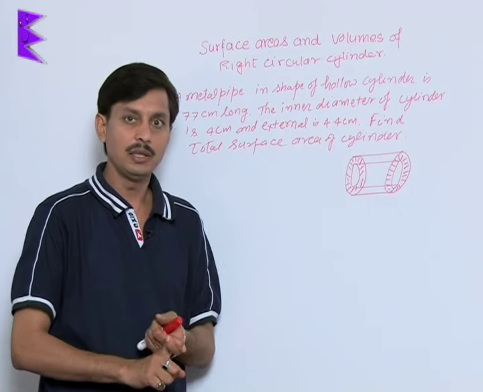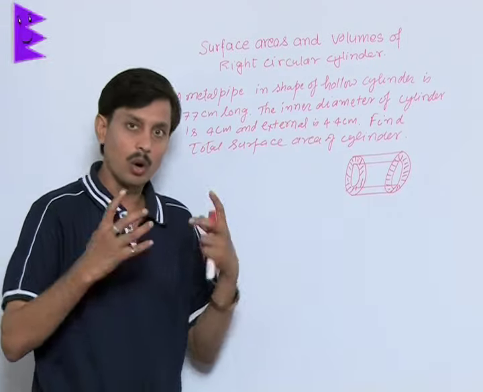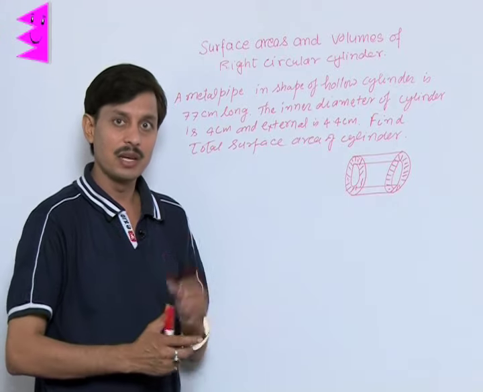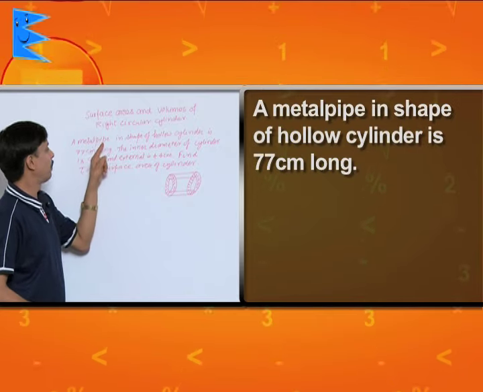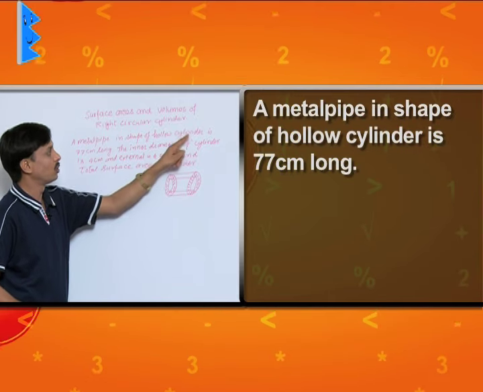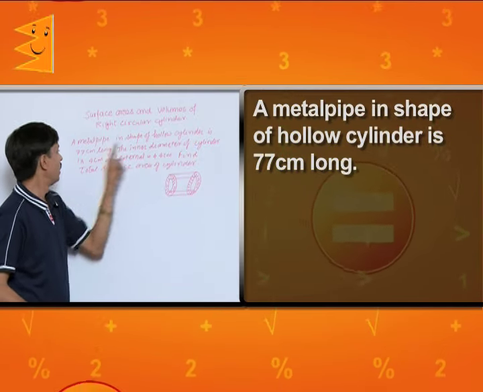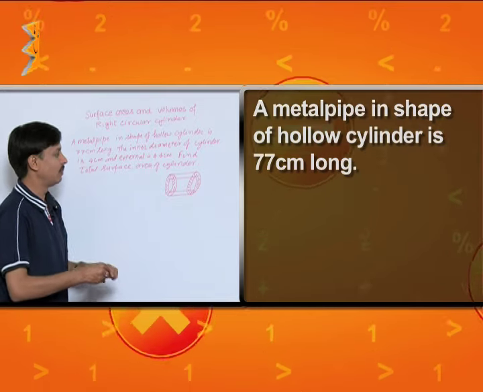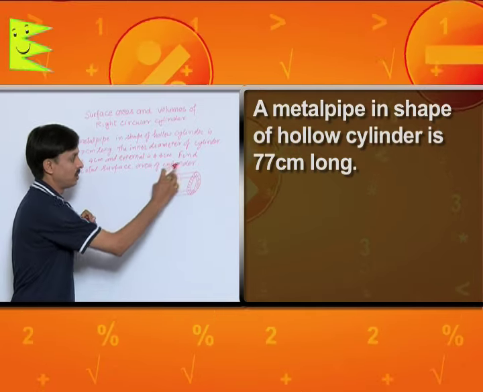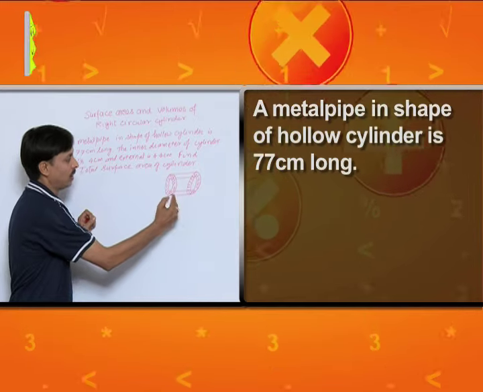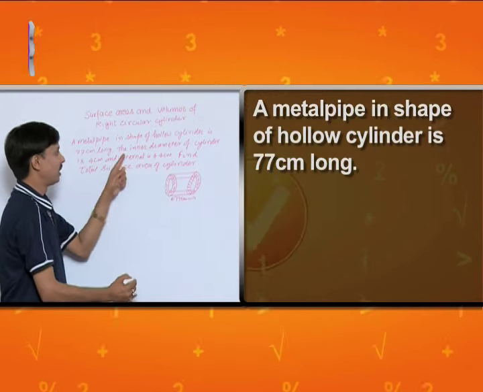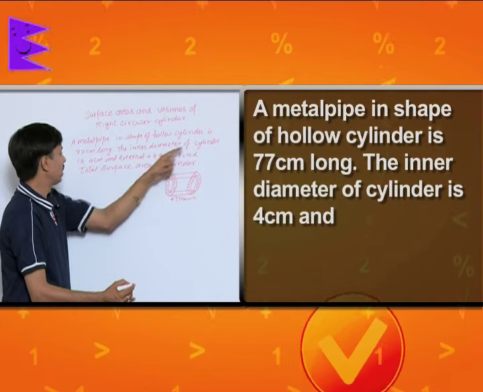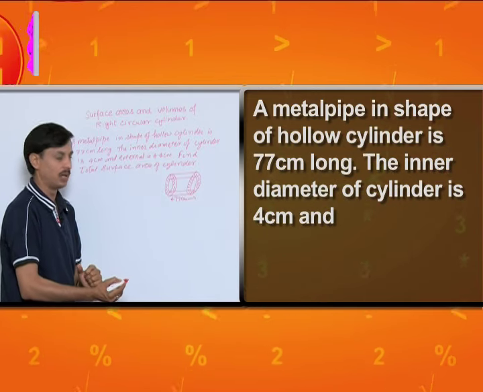Now I am taking a question where the hollow cylinder will be considered. A metallic pipe in the shape of hollow cylinder is 77 centimeter long. As you can see, this is a hollow pipe, its length is 77 centimeter. The inner diameter of the cylinder is 4 centimeter.